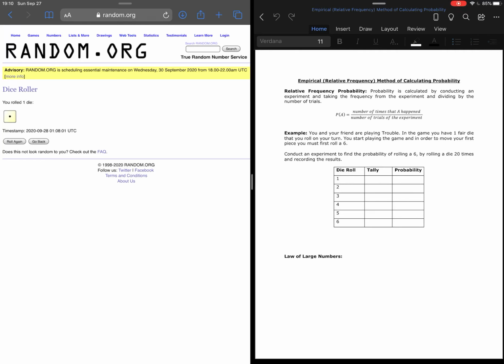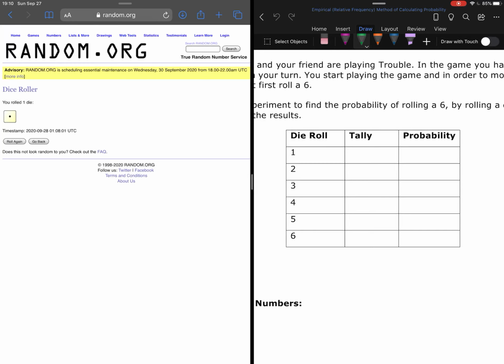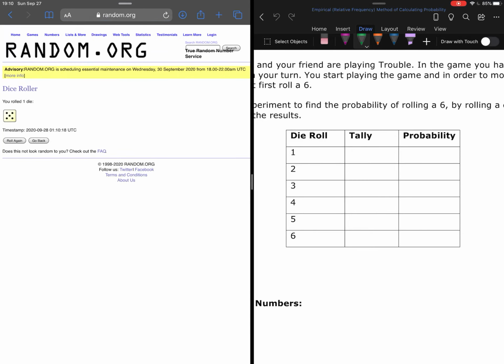I'm going to roll the die on the left side, and then over here on the right side, I'm going to keep a tally of what the outcome is. Here we go. We're going to roll again. We got a 5. Roll again.